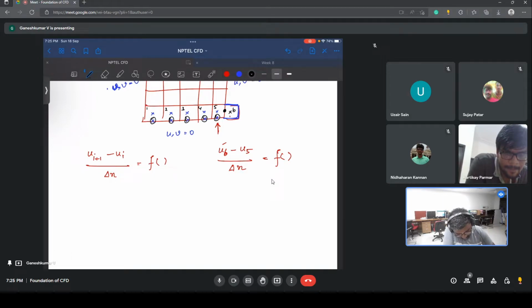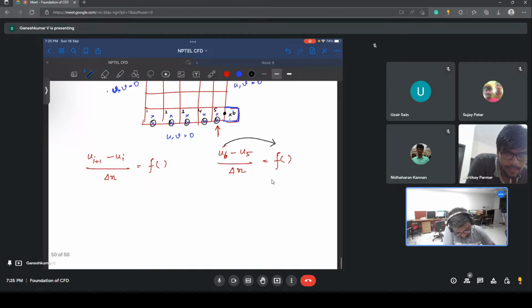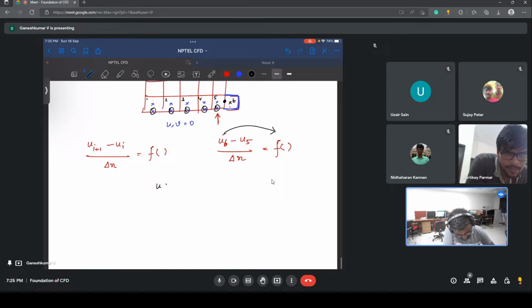So u5 is your unknown. You take all other things to the other side. Here at this face u is equal to 0. This is cell 5, this is cell 6. Here I have u5 and here I have u6, which is imaginary, a ghost cell.